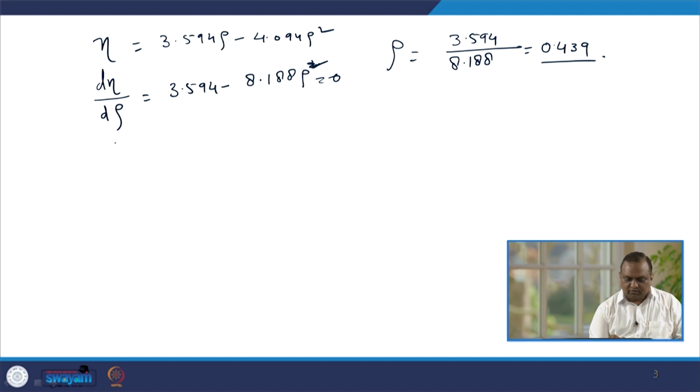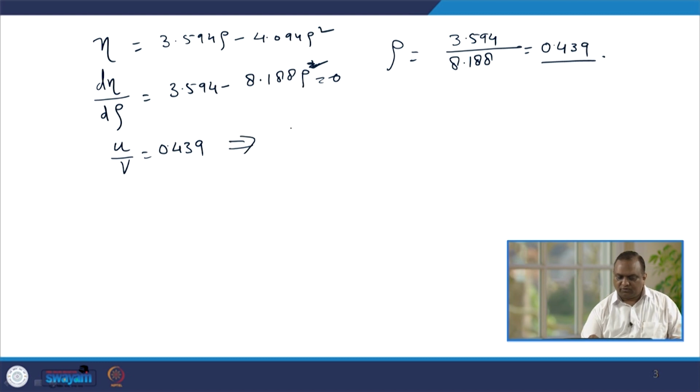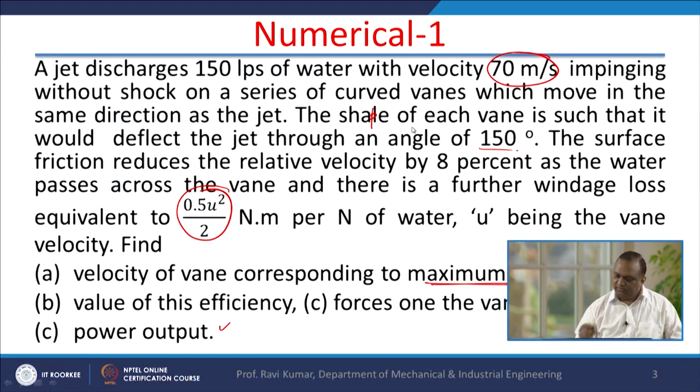Now, u by v is 0.439, therefore u is equal to 0.439 multiplied by v, and v is given here as 70 meters per second.